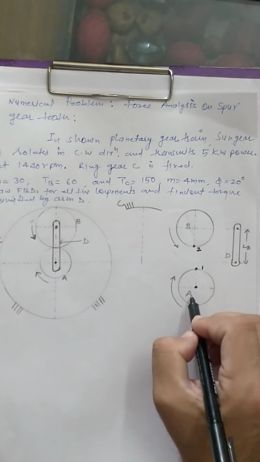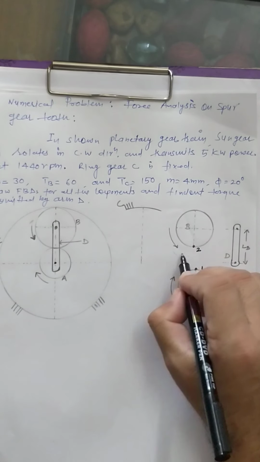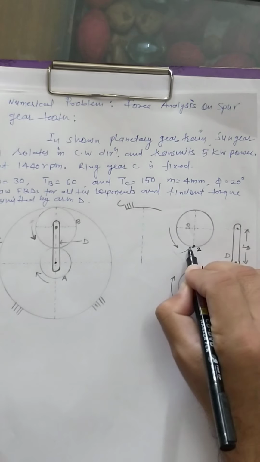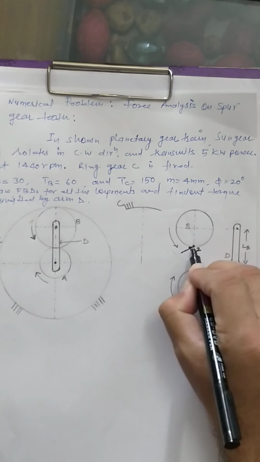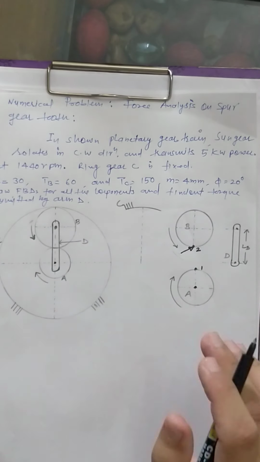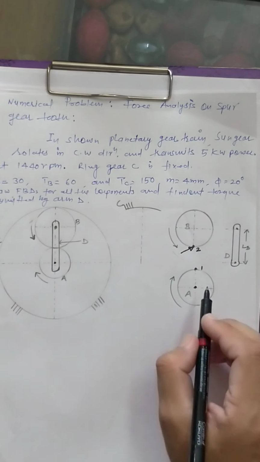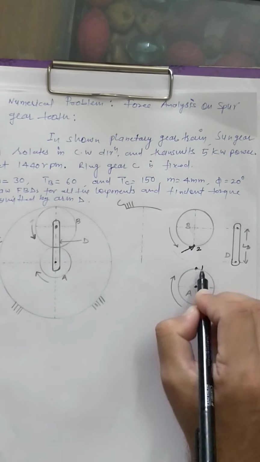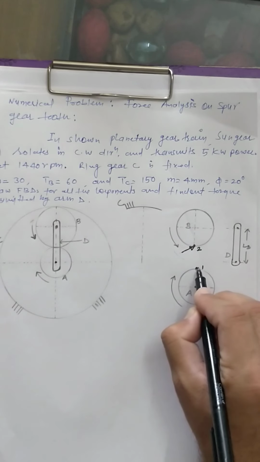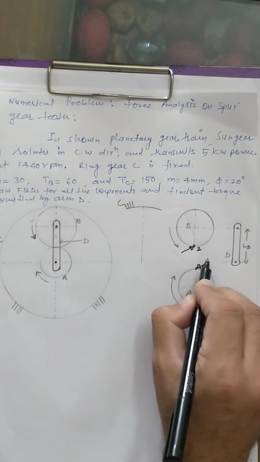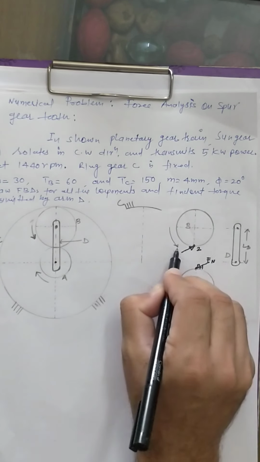So this gear A will exert a force on gear B in the line of action, or you can say in the direction of the pressure line. So according to Newton's third law, the action-reaction rule, there would be one reactive force on gear A just opposite to this, or you can say in this direction. This is the normal force, and you can designate this force by Fn.